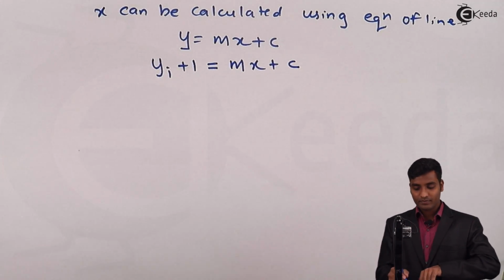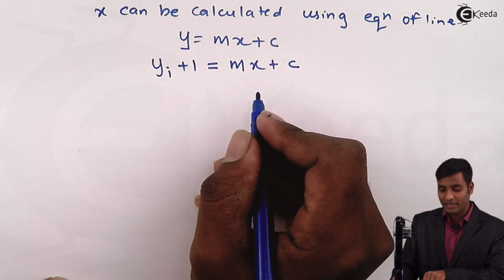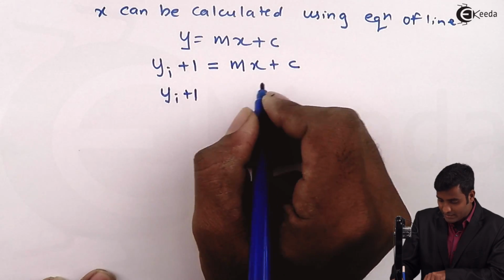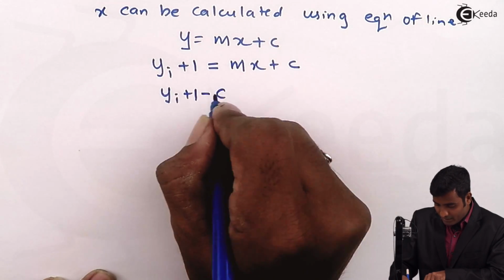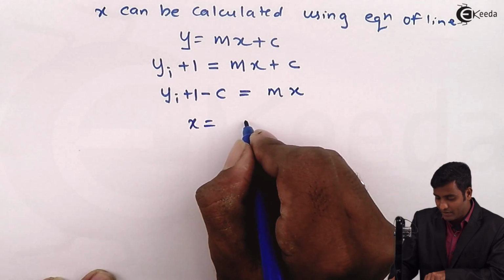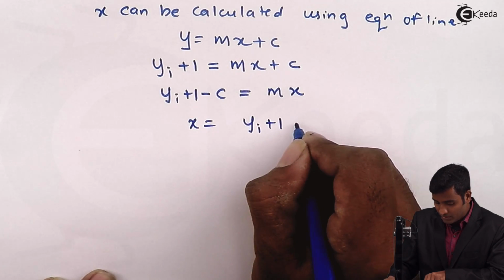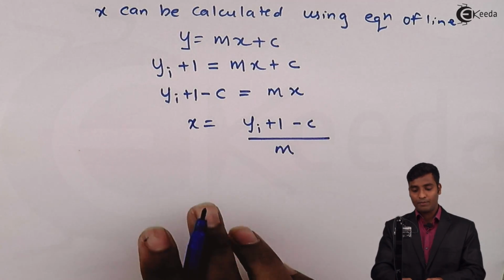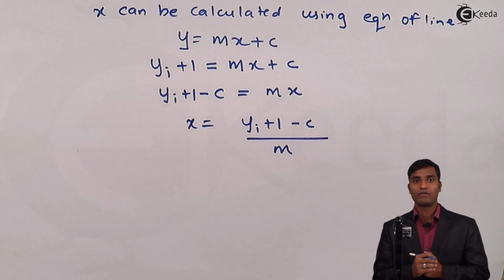Now I have to calculate the value of x. So I will shift this c to the left hand side, it will become minus c, it will be mx. So x is equal to yi plus 1 minus c upon m. By this equation we can calculate the value of x.